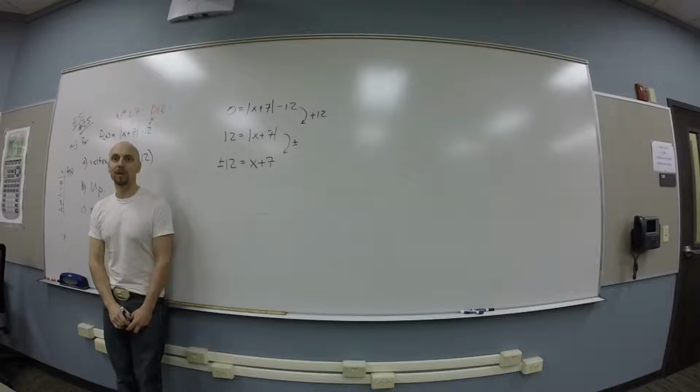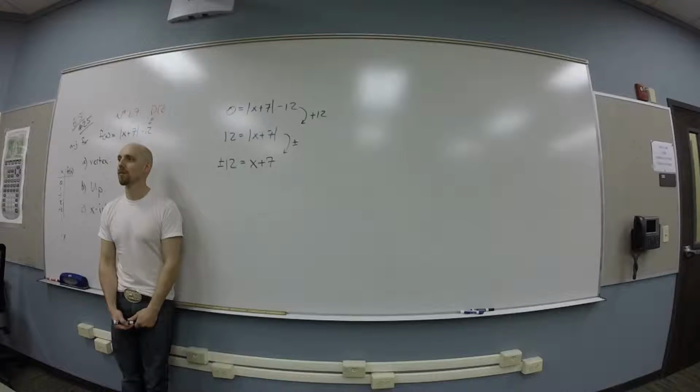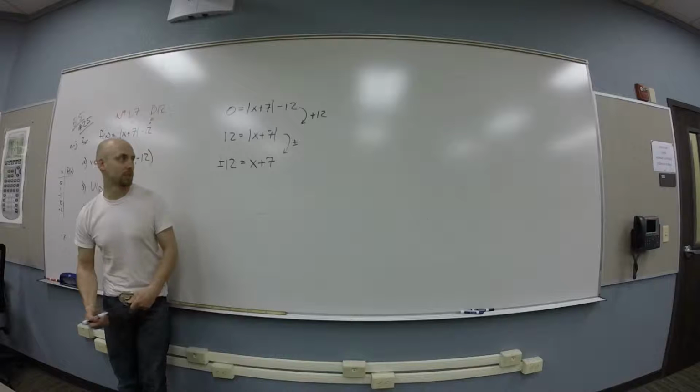You guys see that? It's a little bit like doing plus minus square root to both sides, except I don't need the square root here, because there's no squaring. I just made it positive somehow. So now I want to worry about, okay, it was either positive or it was negative. What do I do now? Set it up. Subtract 7.